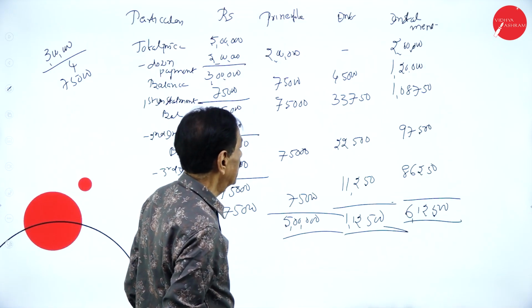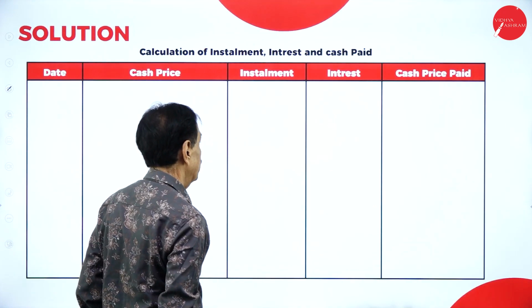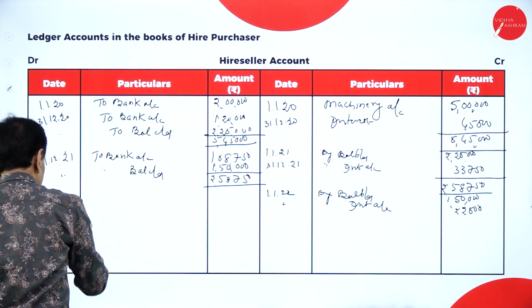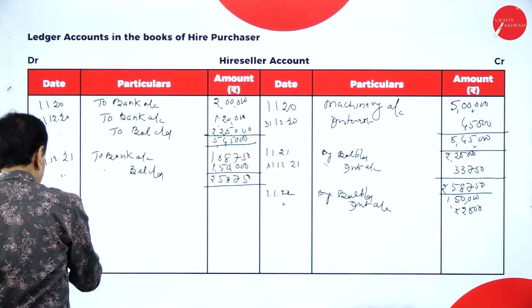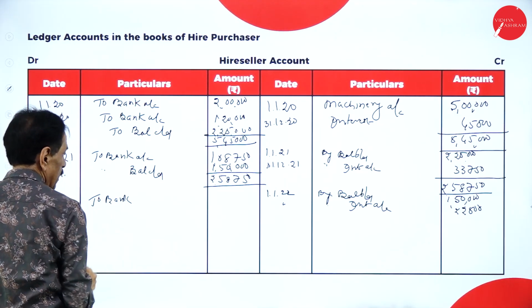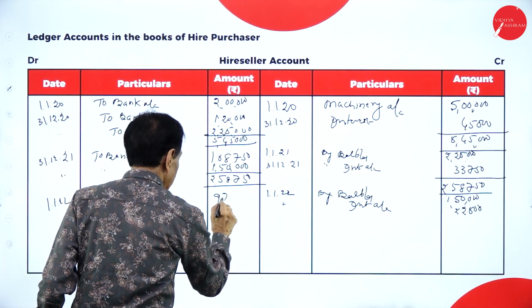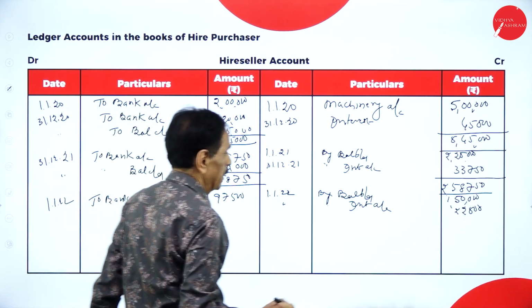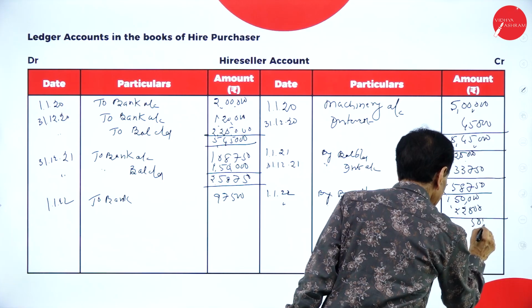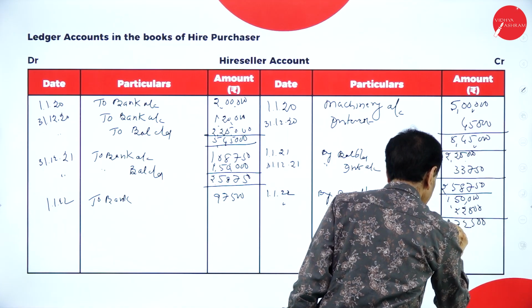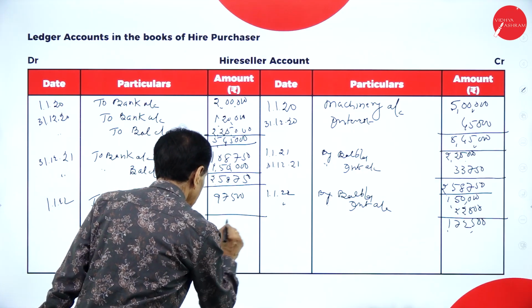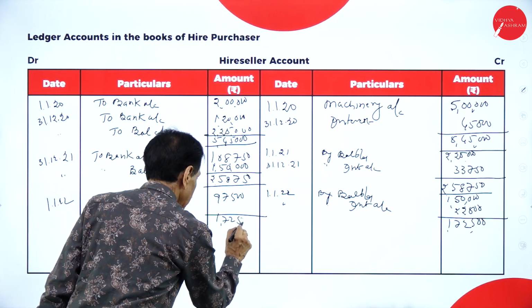How much they paid? 97,500, to bank, 97,500. Add 75,000 to 97,500, 1,72,500.